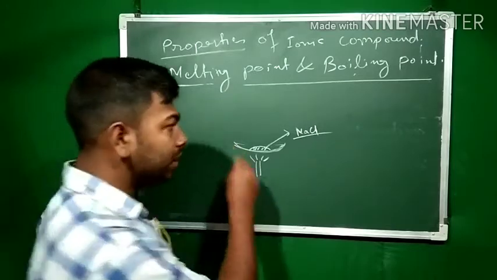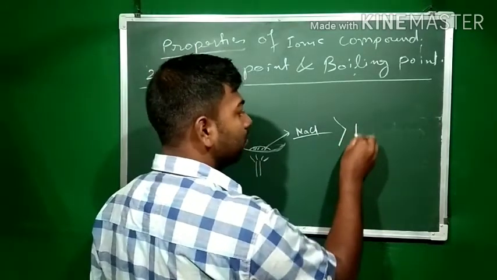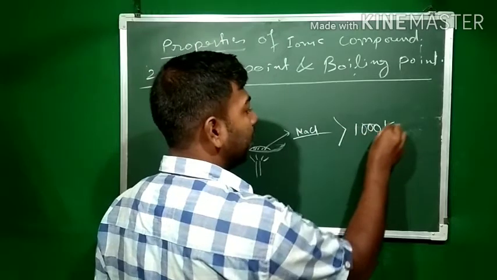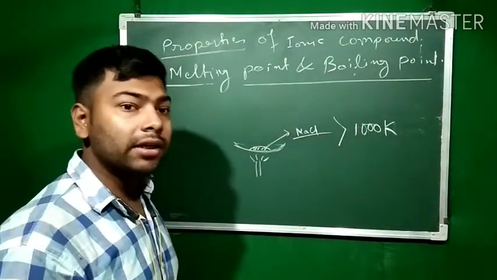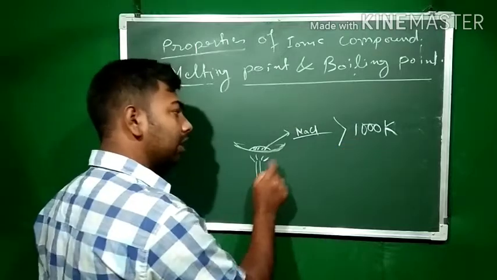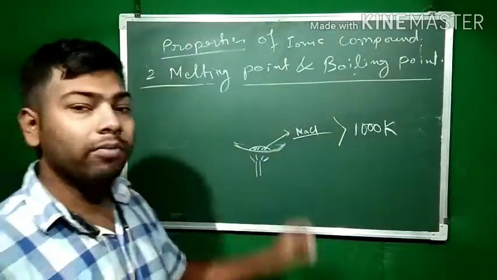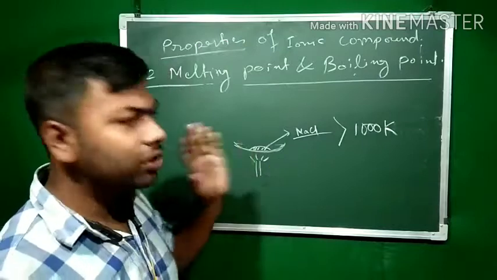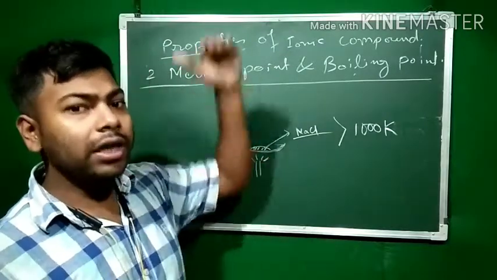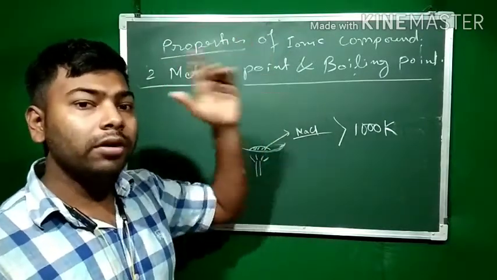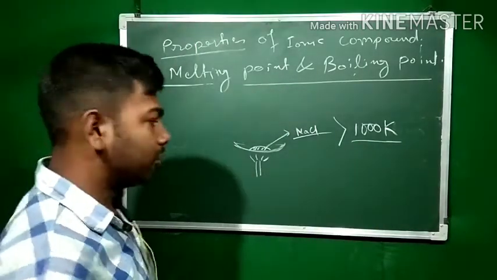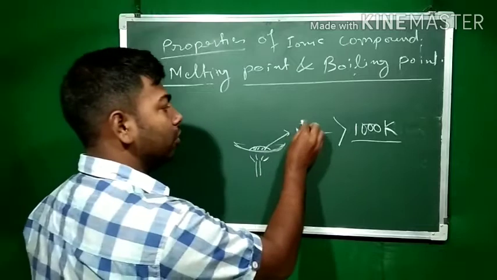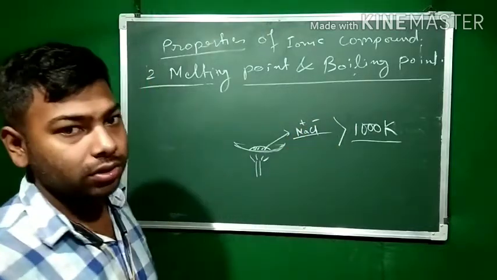It needs more than 100 Kelvin for the melting of sodium chloride. That means it is very strong, or you can say it has a very high melting point. That's why I'm saying, because of their strong intermolecular force of attraction.